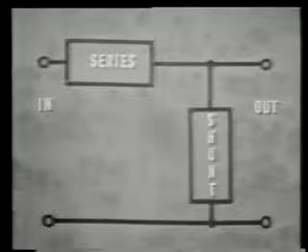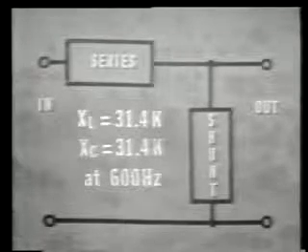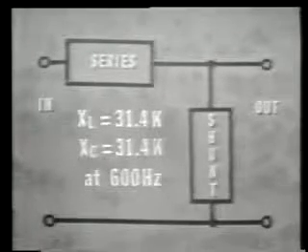But at frequencies above and below that, the series opposition must be very high in order to reject those other frequencies. Well, at 600 hertz, the inductor we've been using in our demonstration has an opposition of 31,400 ohms. The capacitive reactance of the capacitor we used at 600 hertz is also 31,400 ohms.